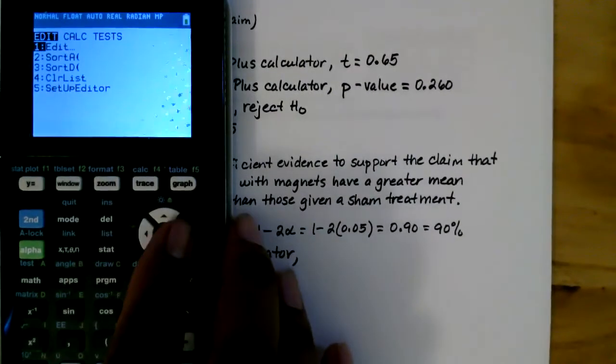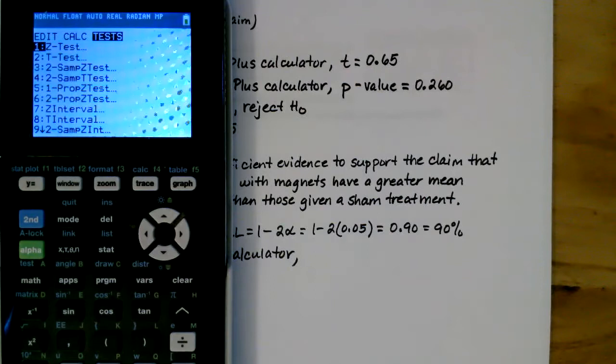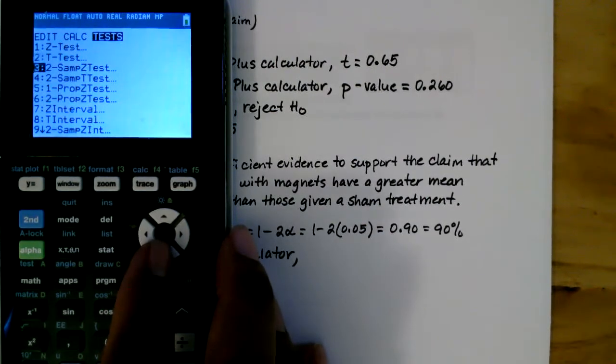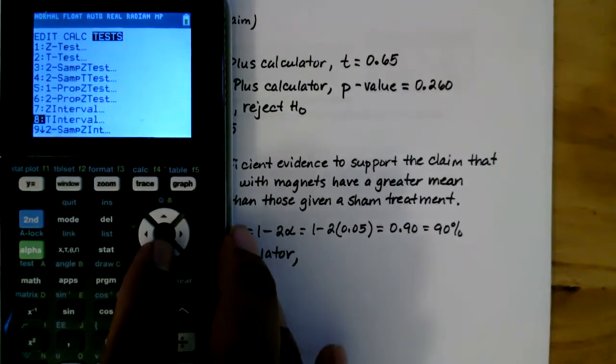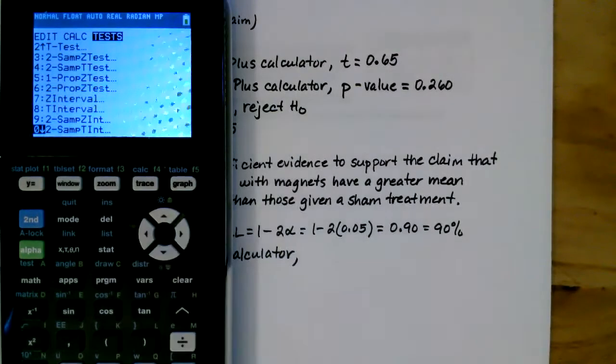Clear this out, press the stat key, go over to test, and use your down arrow key to go to 2-SampTInt.